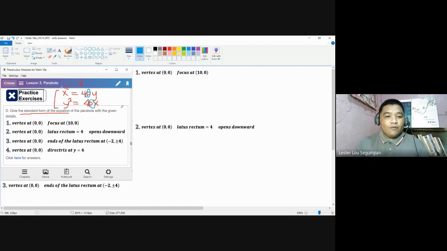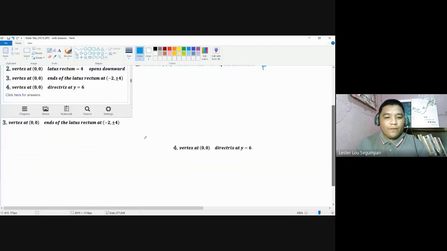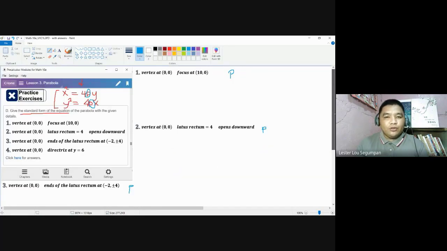In this case, for items 1, 2, 3, and 4, before we could give the standard form for the equation of the parabola, we need to determine first the value of p. If you have read your module or researched other references, or even viewed the previous three videos, we know that the focus, the directrix, the latus rectum, and even the ends of the latus rectum contain the value of p.